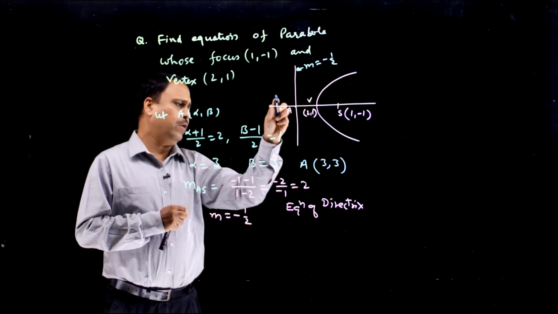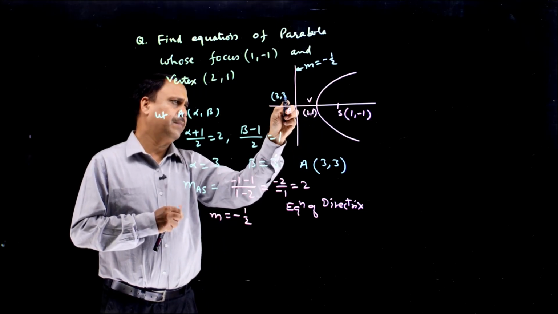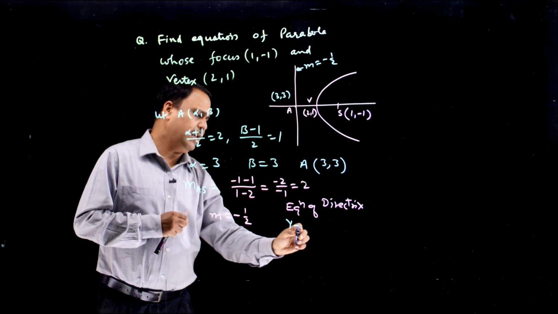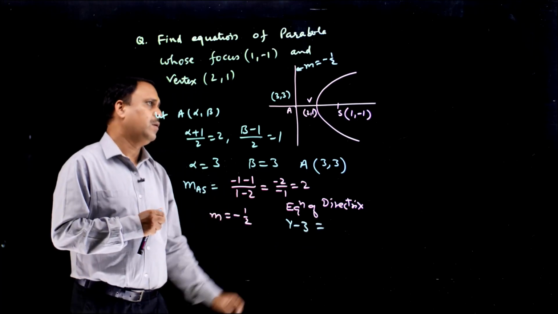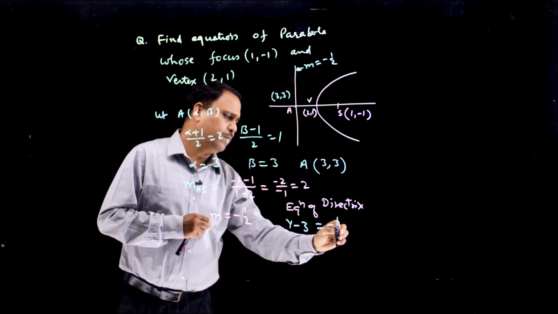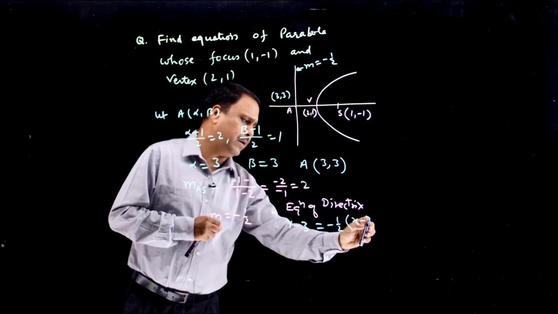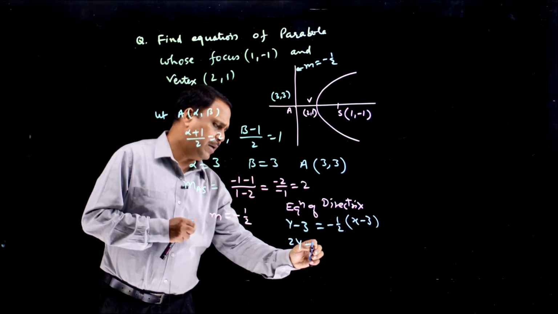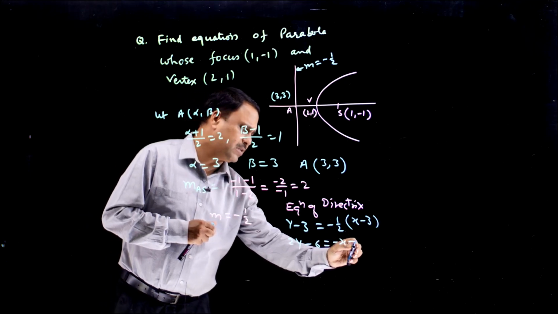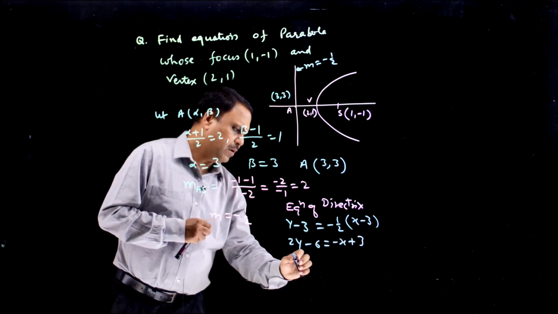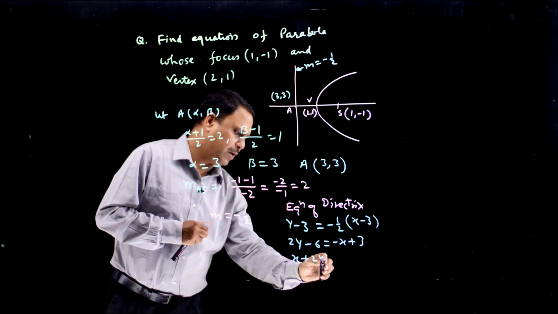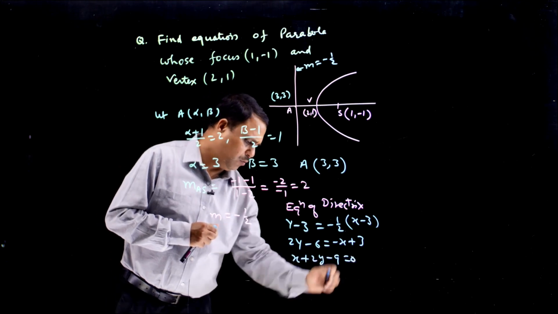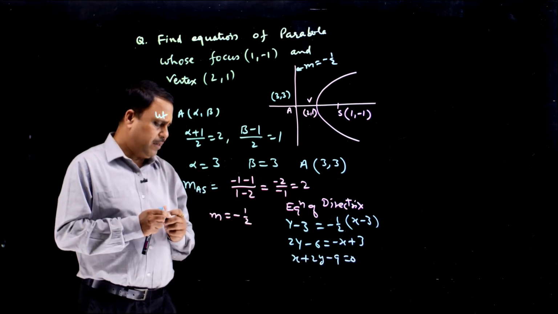So the equation will be y minus 3 equal to minus 1 upon 2 into (x minus 3). So 2y minus 6 equal to minus x plus 3, or x plus 2y minus 9 equal to 0. This is the equation of the directrix.